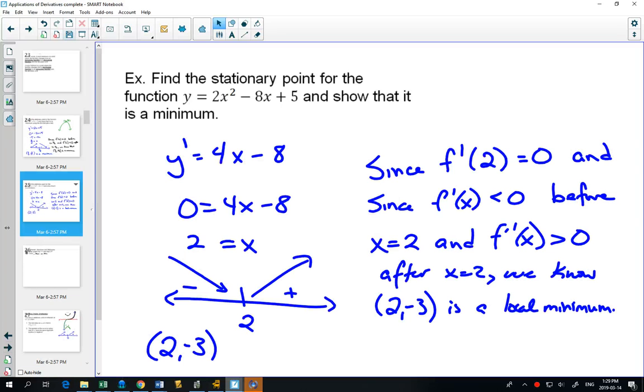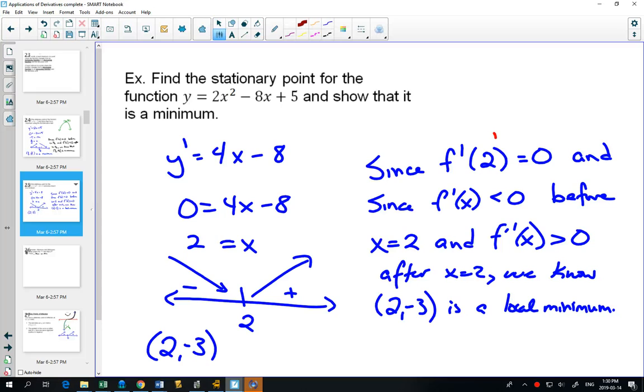How did you do? Found your derivative. Did you find that at 2 it was equal to 0? And so if I plug 2 back into my original equation, the point is 2 comma negative 3. And every time you make your statement, you're going to need two things.